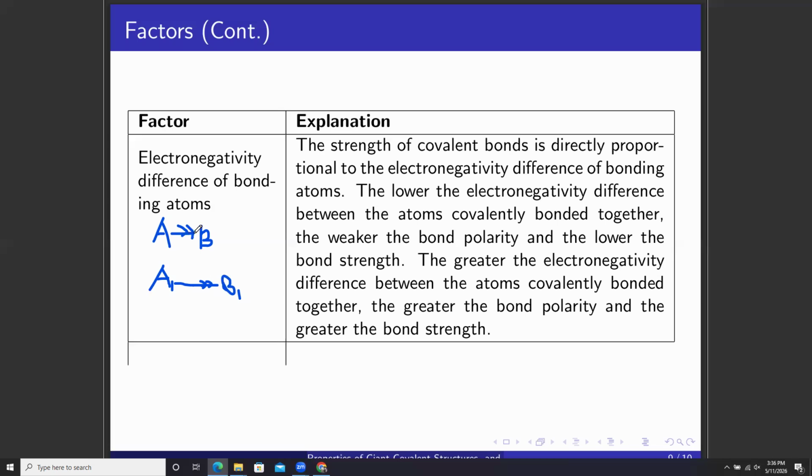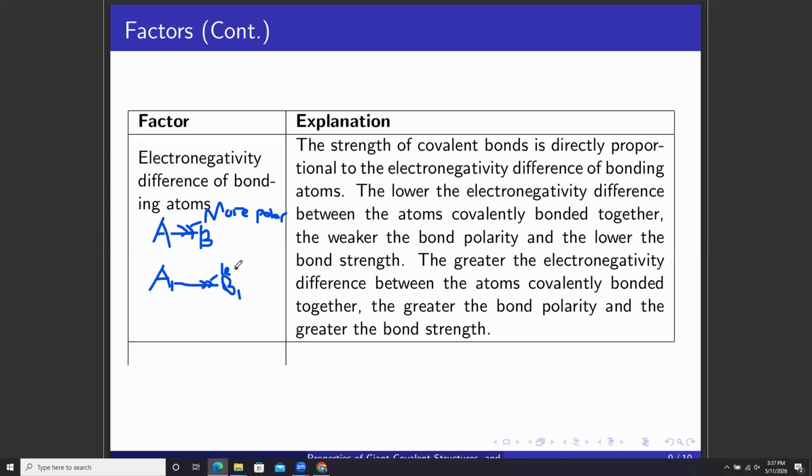However, if B is more electronegative, it will direct electrons toward itself strongly. Therefore, this bond here will be strongly polar. If B is more electronegative, this bond up here will be more polar. Then this bond down here will be less polar.